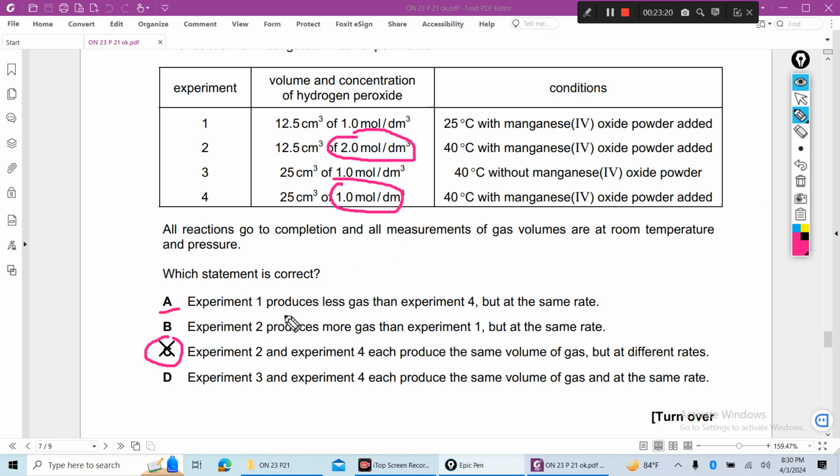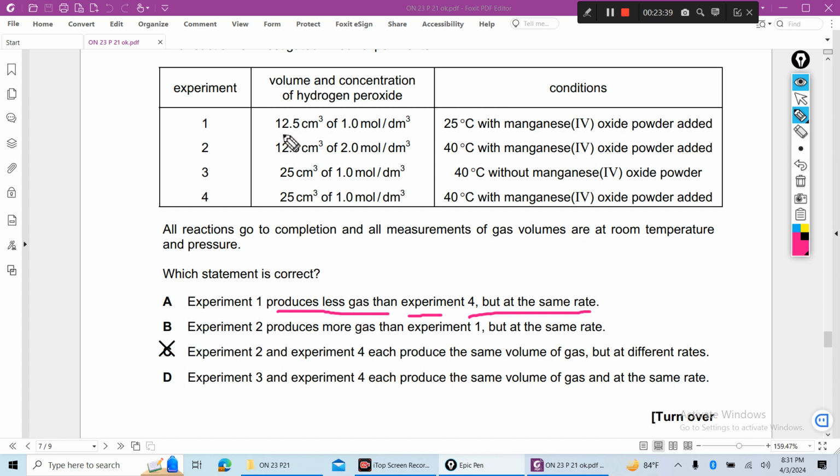Why? Experiment 1 produces less gas than experiment 4, but at the same rate?